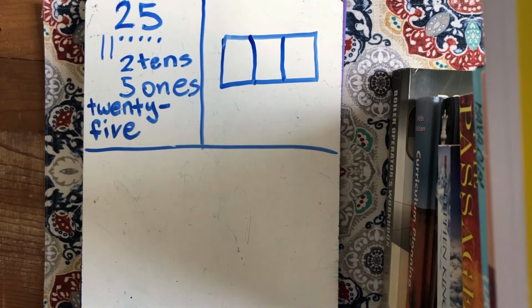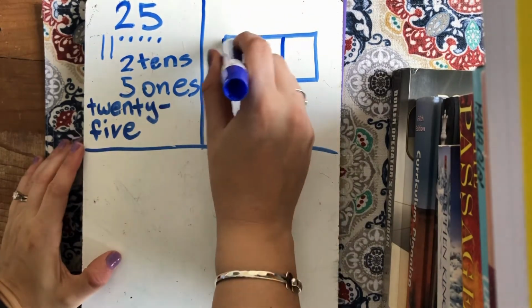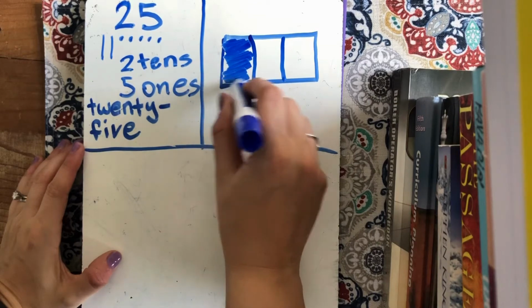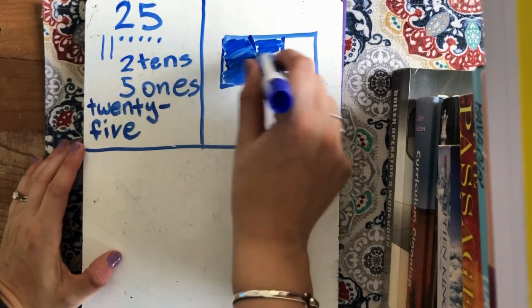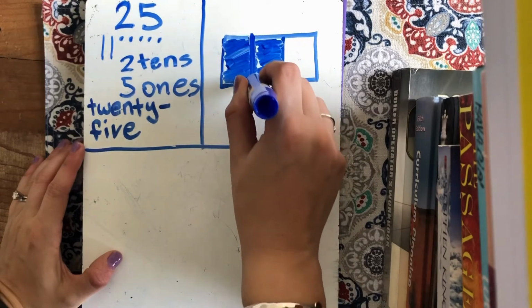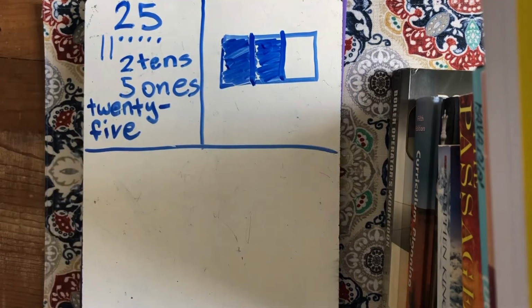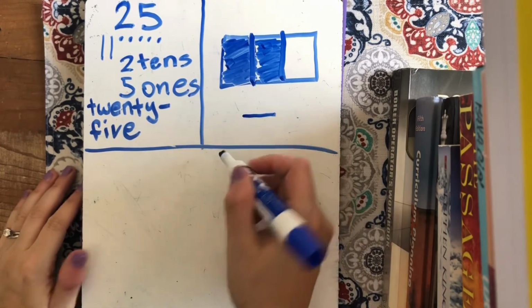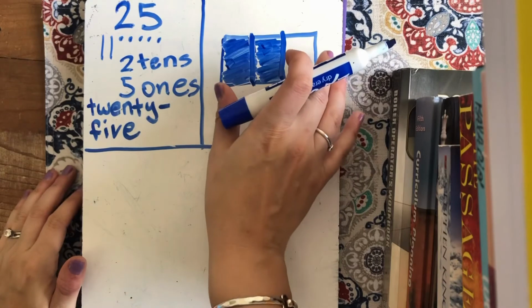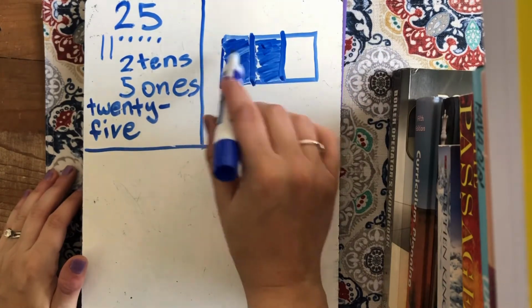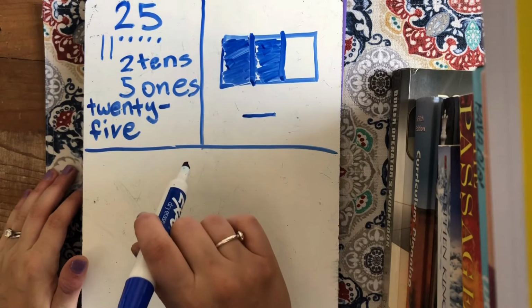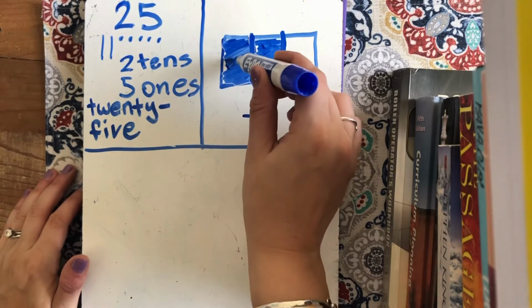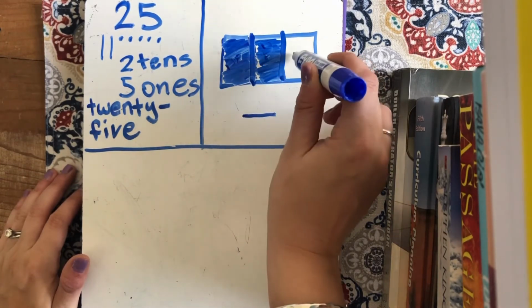All right, now we're going to shade in 2 pieces. If you're following along at home, go ahead and shade in 2 pieces. Okay, now that we've shaded in our 2 pieces, we're ready to start. On the bottom of our fraction, we will always have the total number that is in the shape, right? So how many total pieces do we have in our rectangle? Let's count together. 1, 2, 3.